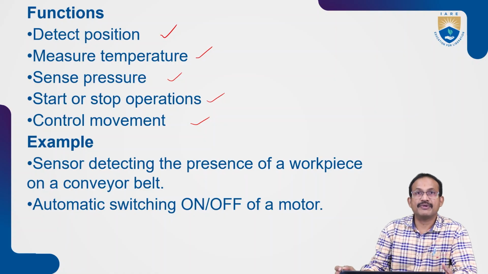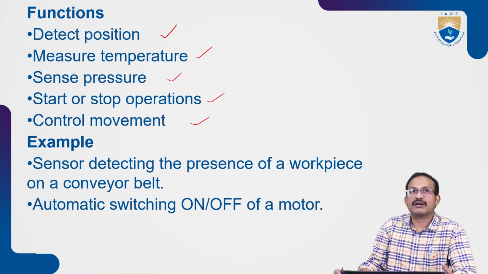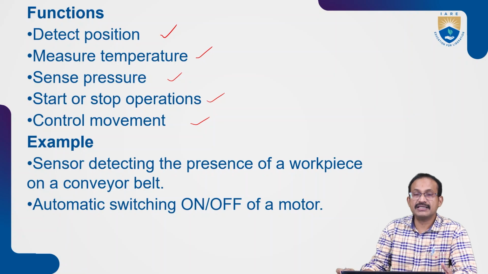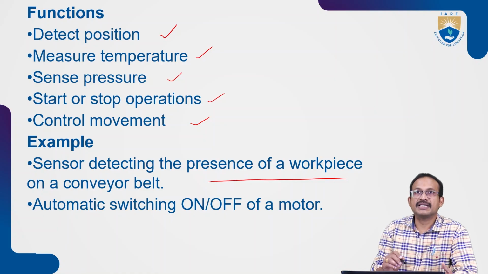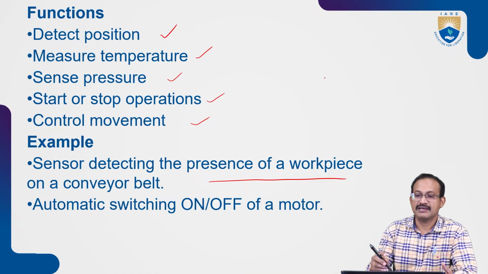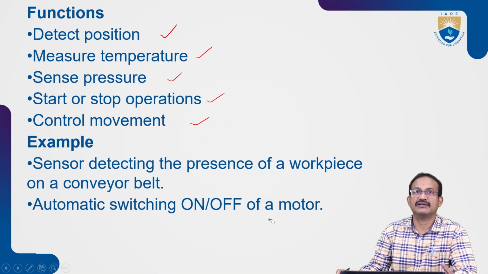Example: a sensor detecting the presence of a workpiece on a conveyor belt. Presence means whether the workpiece is on the conveyor belt or not; whether it is present or absent, it will detect.